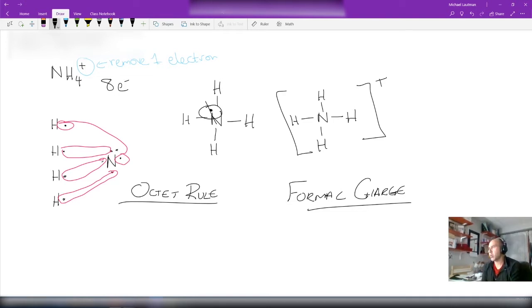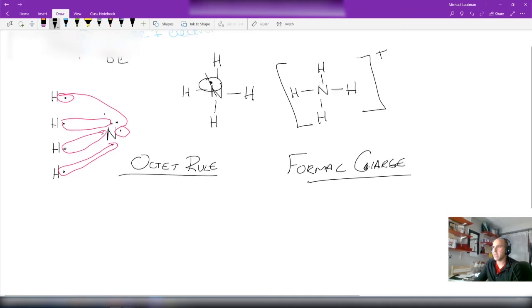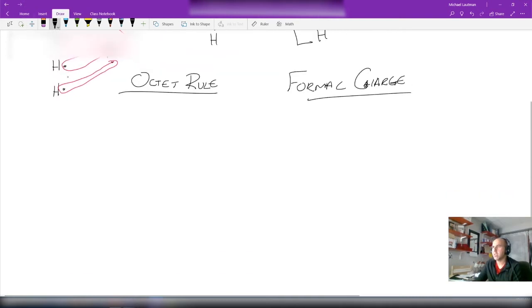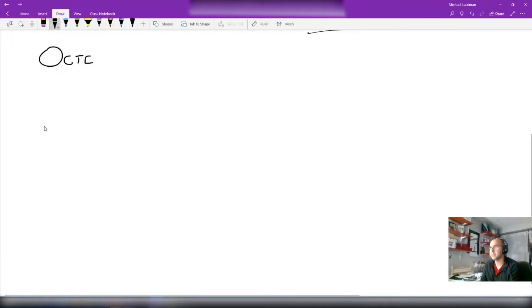Formal charge is also important, but we have to look at it separately. So I want to start with the octet rule first. These are rules for counting electrons to help us evaluate how good a Lewis diagram is.